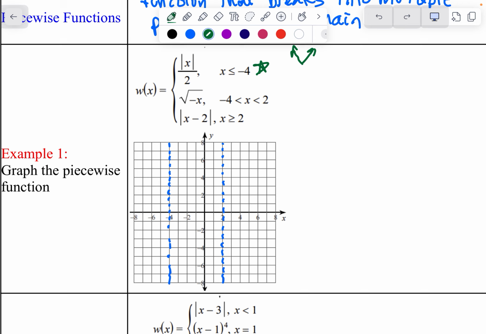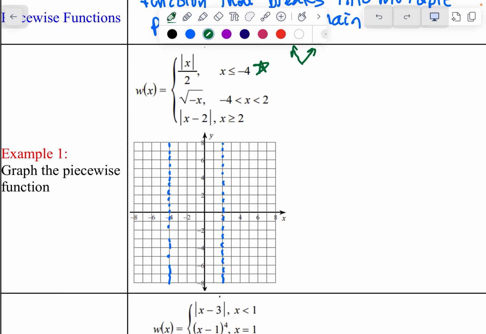And you'll notice that of our v, we only need the portion to the left of -4. So our v is going to look kind of like this. So we're really only going to see a little portion of the v.